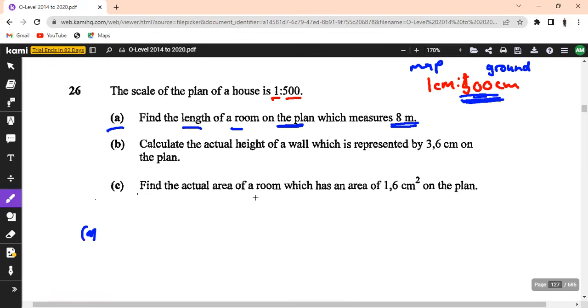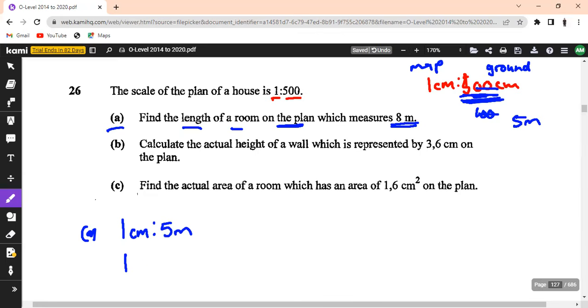That's the first thing that you're supposed to do. So 1 centimeter on the map indicates how many meters on the ground? This is 500 centimeters. How do you convert to meters? You divide by 100, and this is going to be 5 meters. So we are saying 1 centimeter means 5 meters on the ground.